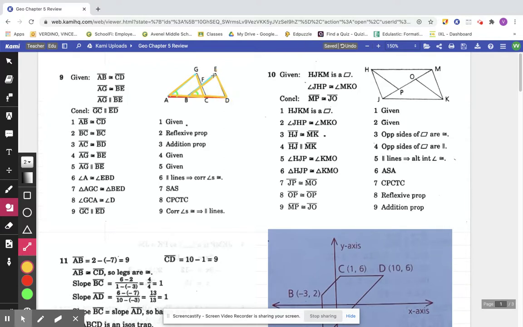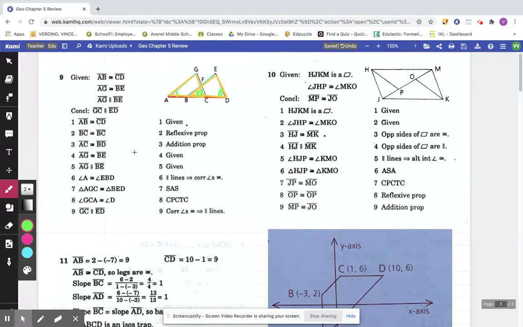If they're both congruent, we could state that angle GCA and angle EDB are congruent based on corresponding parts of congruent triangles are also congruent, okay?